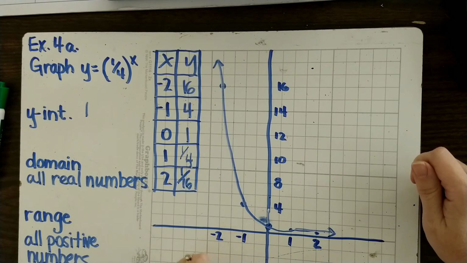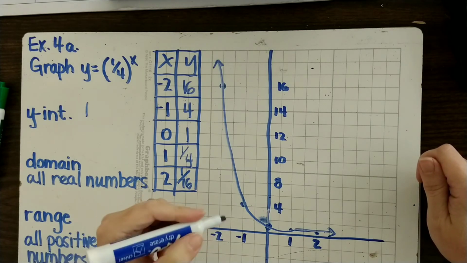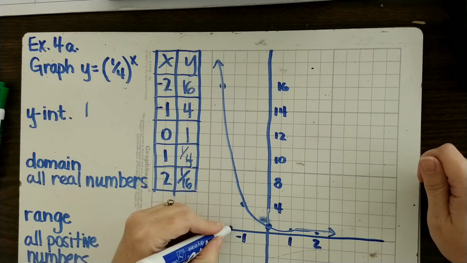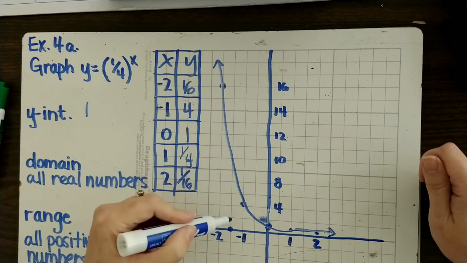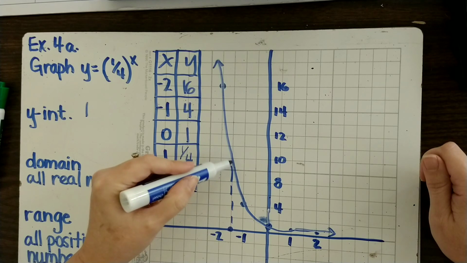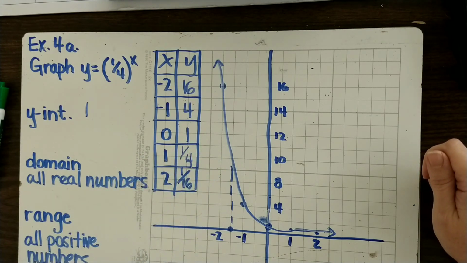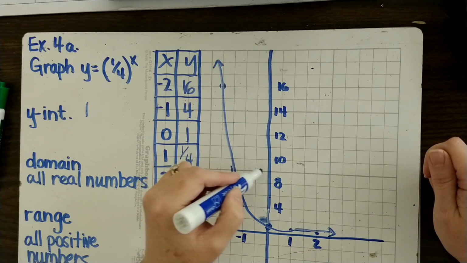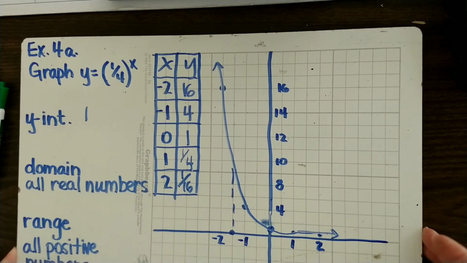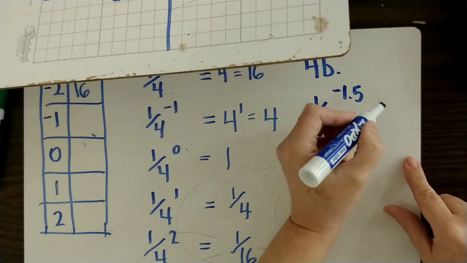Well, negative 1.5 is about right here on our x-axis. So I believe, according to my graph, it crosses at about 9. Remember, these are estimations.